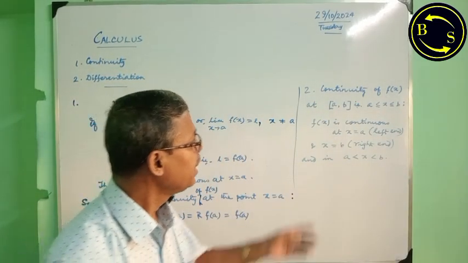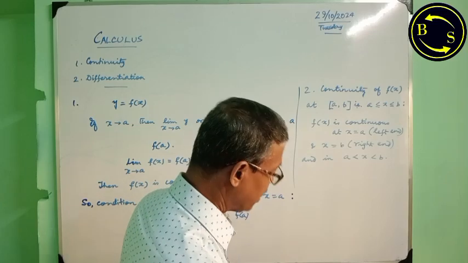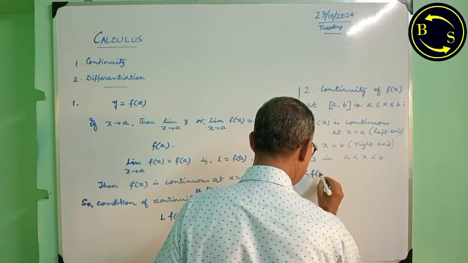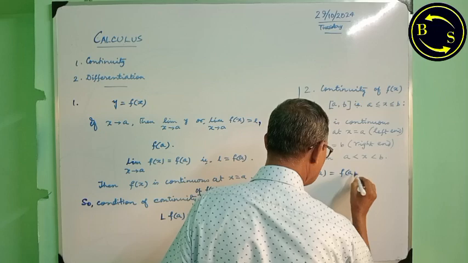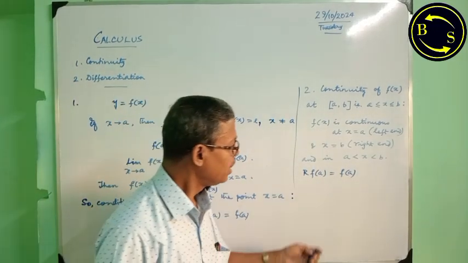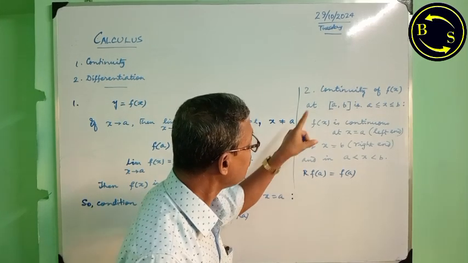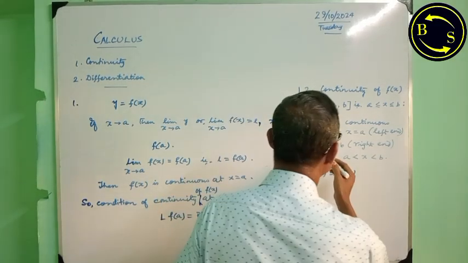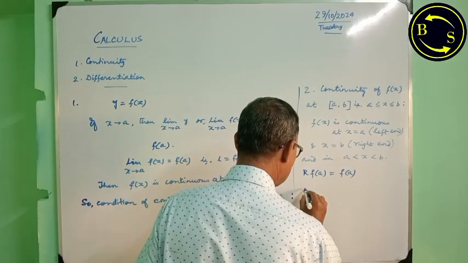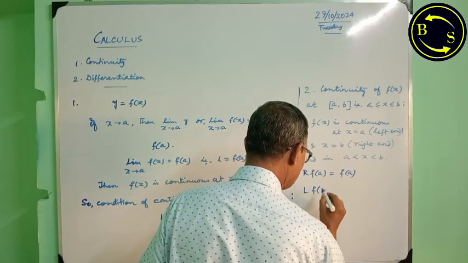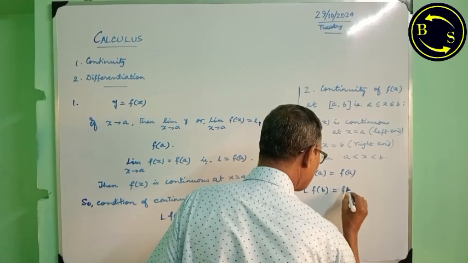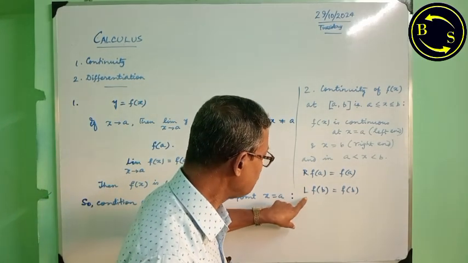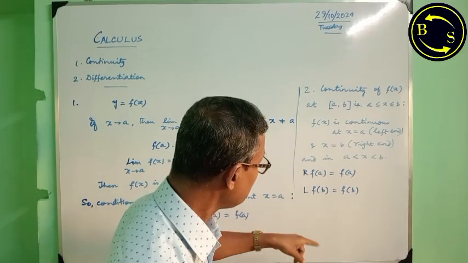To be continuous at the left end, that is at the point x equal to a, R f(a), the right hand limit of the given function f(x) as x tends to a must be equal to f(a), and to be continuous at the point x equal to b, the left hand limit of the function f(x) as x tends to b must be equal to f(b).